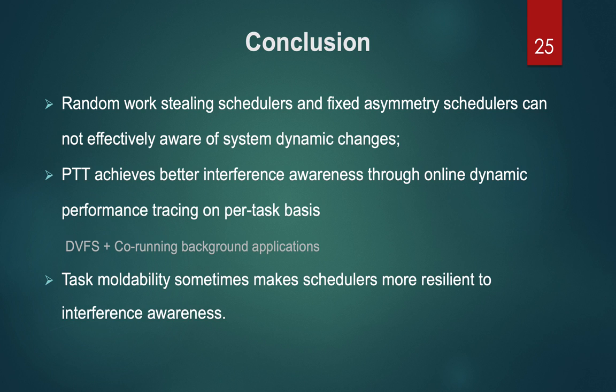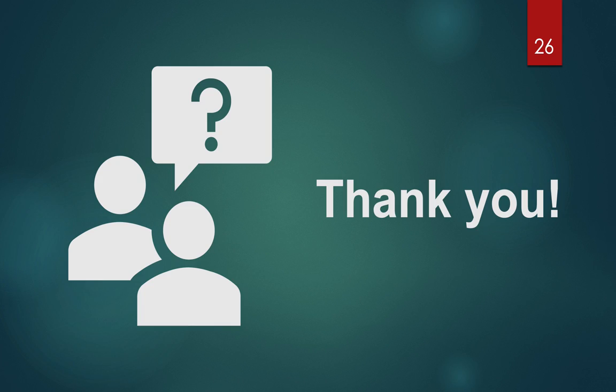Thirdly, we compare the schedulers with and without task modability, and we can see that task modability sometimes makes the scheduler more resilient to interference. That's all. Thanks for listening.